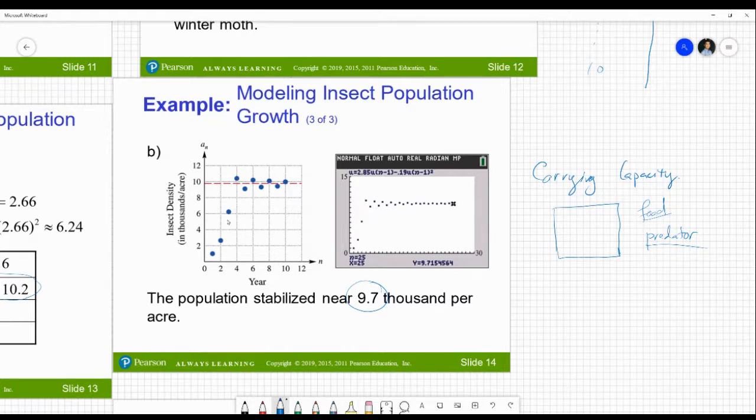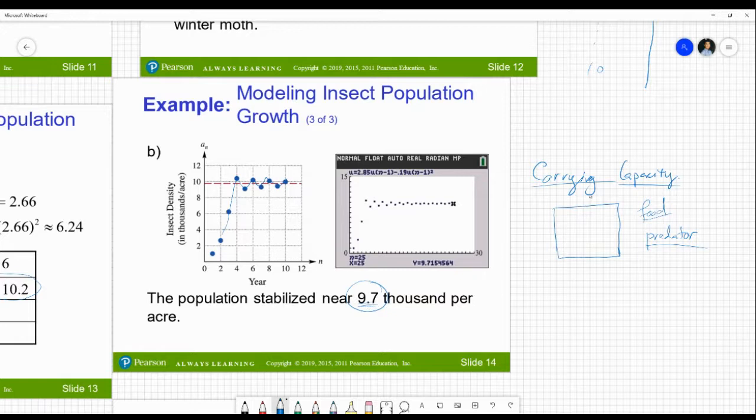When there is a population boom, for example, you may go above this carrying capacity. Now I'll explain what carrying capacity is in a second. And then maybe due to food or predators, the population will decrease. And then as time continues, it's going to give birth more, and then the resources come back and so forth, and it's going to fluctuate back and forth like this until it gets to 9.7 thousand.